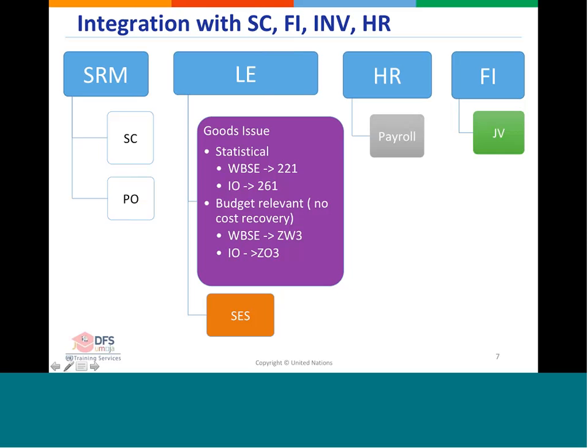What we can do in SRM is to create shopping carts, contracts, low values, and POs. Later on, in Umoja, the module where we perform goods receipt and service entry sheet is called logistics execution, and it's done in ECC. The process is like that in Umoja, and the service entry sheet and goods receipt fall into logistics execution.